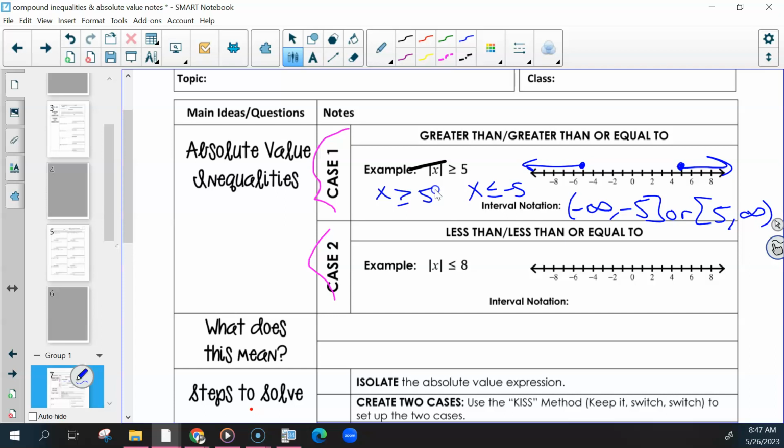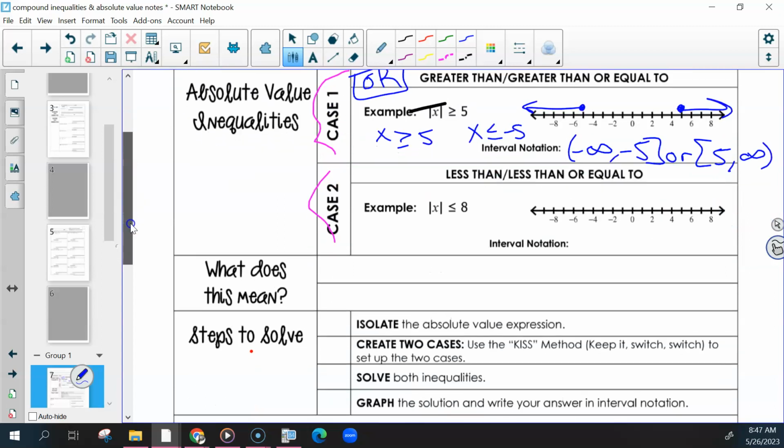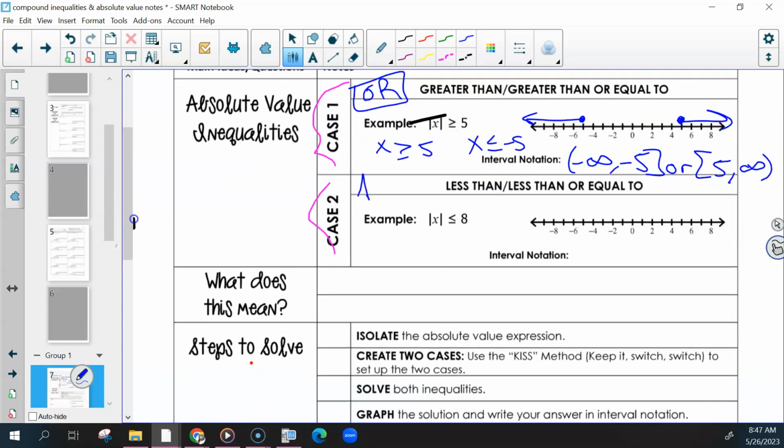Absolute value inequalities are really just compound inequalities. So greater than or equal to are or inequalities, or compound inequalities, which means less than or equal to have to be and.